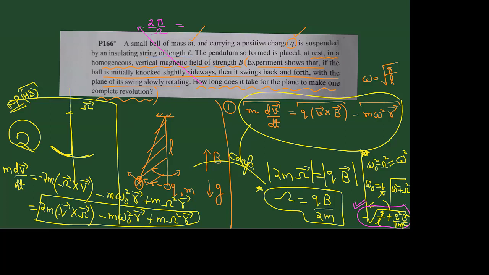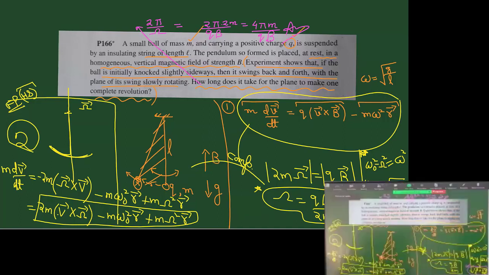So it is 2 pi by QB by twice of m. So basically it comes out as 4 pi m upon QB. As far as the answer to the question is concerned, that will come out as 4 pi small m by Q into B.